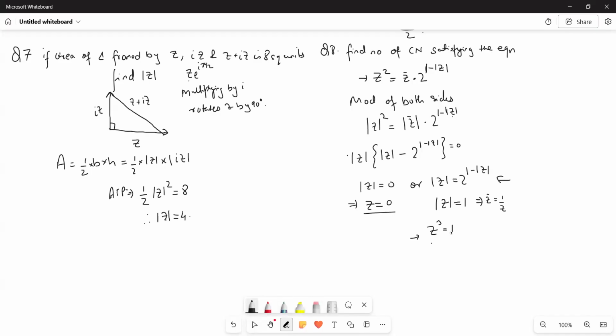Now what will be the roots of z cube equal to 1? 1, omega and omega square. So there will be 4 complex numbers that satisfy the equation. They will be 0, 1, omega and omega square. That will be the answer.